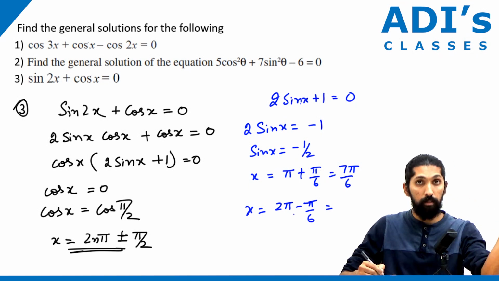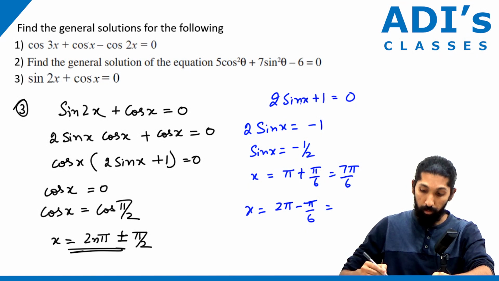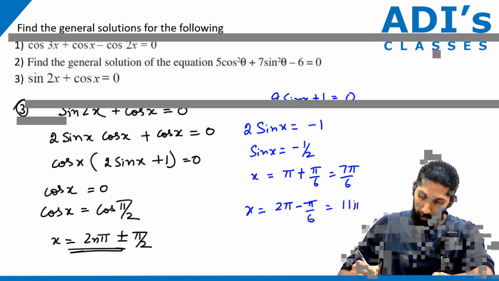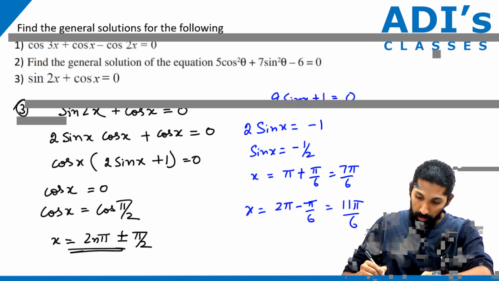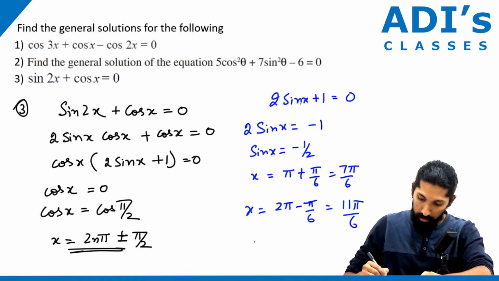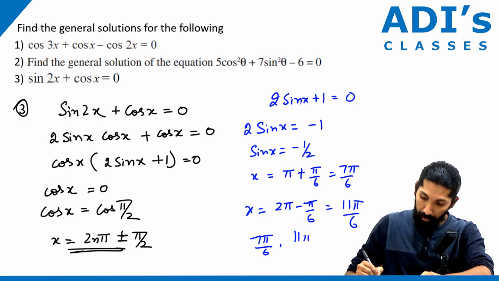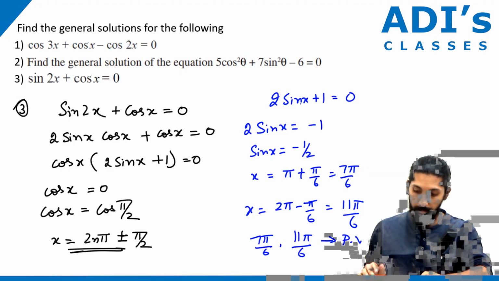Because 2 pi is the 0 degree and 360 are one and the same, right? So 2 pi minus pi by 6. This is going to give us 11 pi by 6. So the principal values are, first one is 7 pi by 6. The second one is 11 pi by 6. Alright, so these are the principal values.